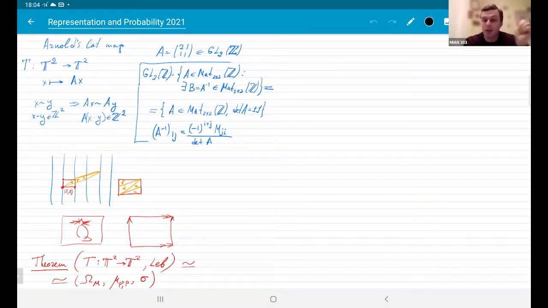So we consider this initial linear map to be defined by the matrix (2, 1; 1, 1). In fact, one can consider any matrix with the following properties.